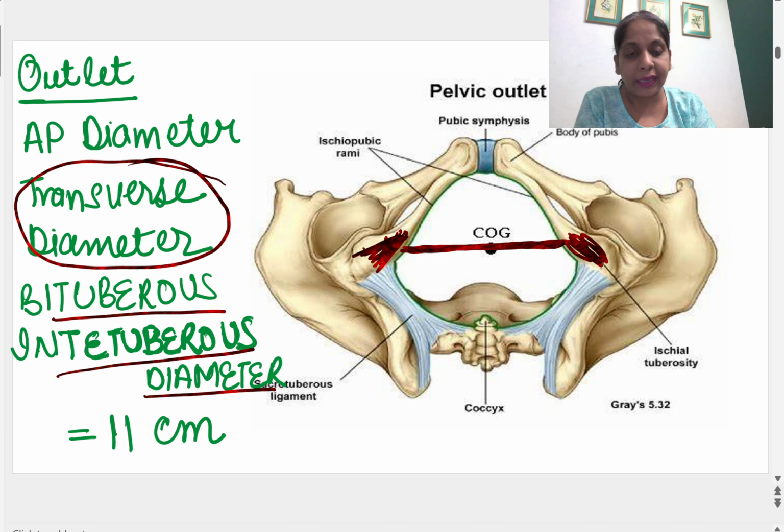It is usually 11 centimeters. The diagonal conjugate was 12 centimeters, the obstetric conjugate was 10.5 centimeters, interspinous was 10, and the intertuberous diameter is 11 centimeters. Okay.